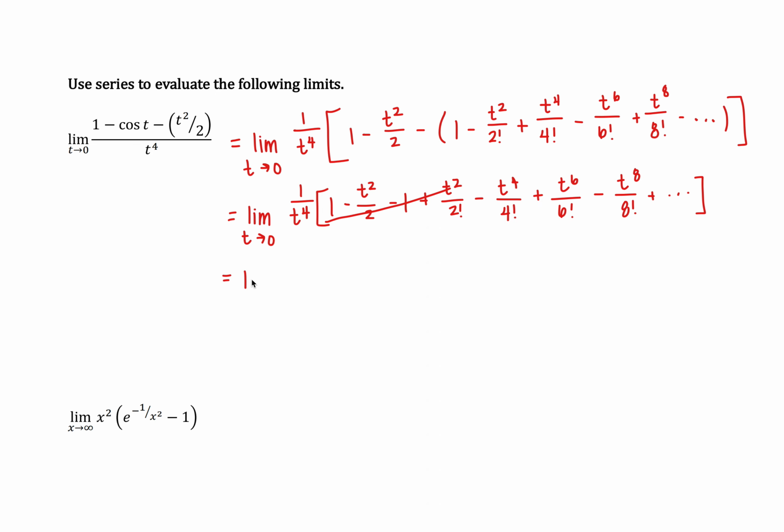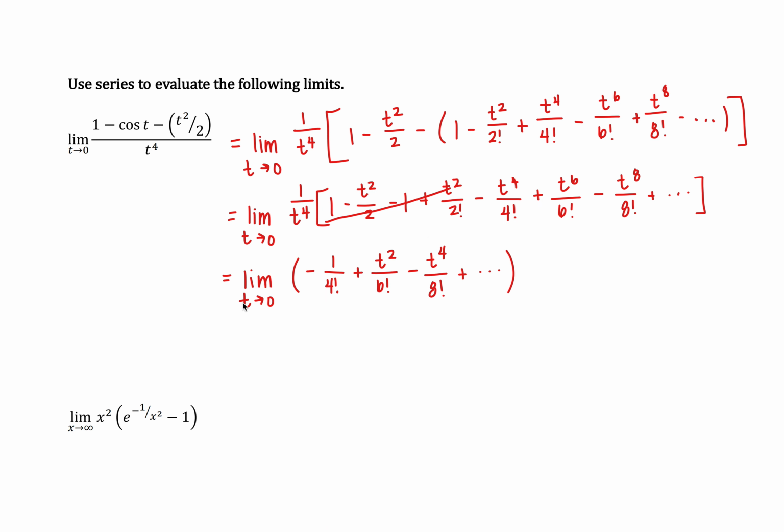And when I do, it leaves me with the limit as t approaches 0 of negative 1 over 4 factorial plus t squared over 6 factorial minus t to the 4th over 8 factorial, and so on.